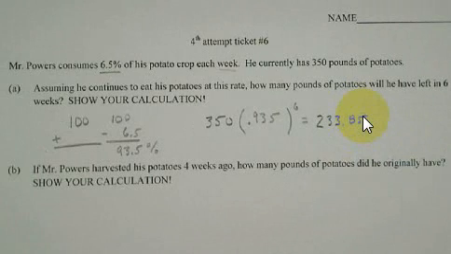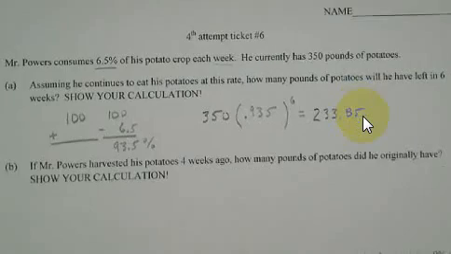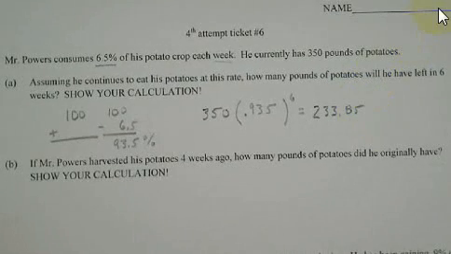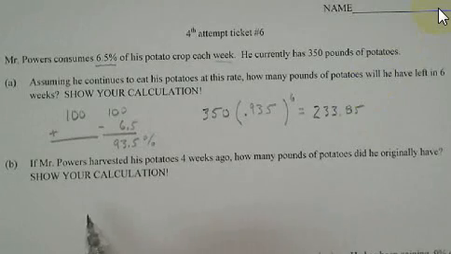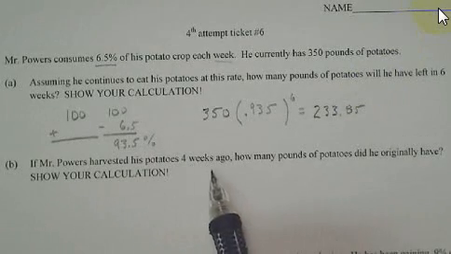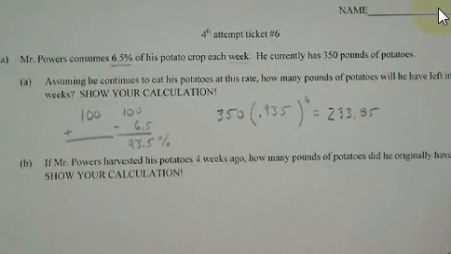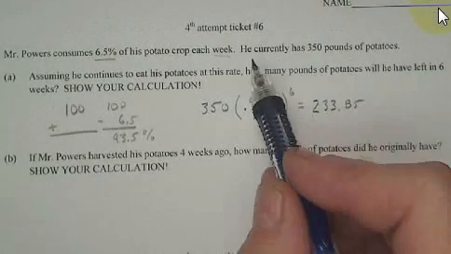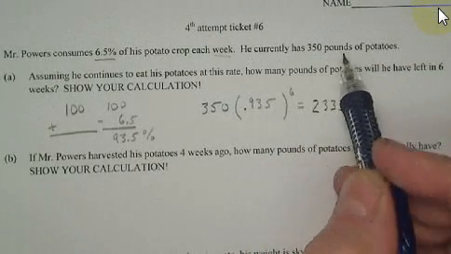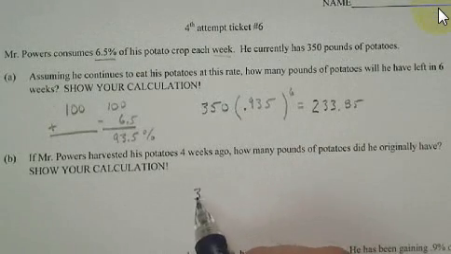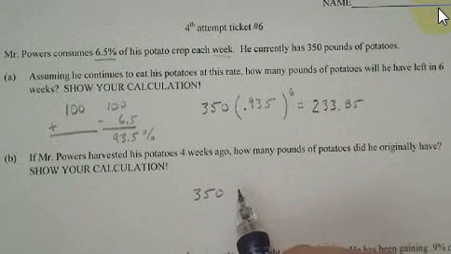All right. If we slide down here to question B, it says Mr. Powers harvested his potatoes 4 weeks ago. How many pounds of potatoes did he originally have? Now it says he currently has 350 pounds. So that still stays technically the initial value.